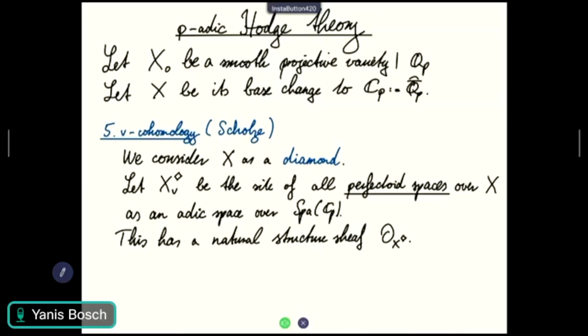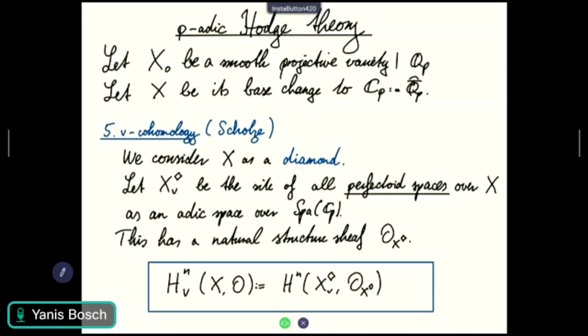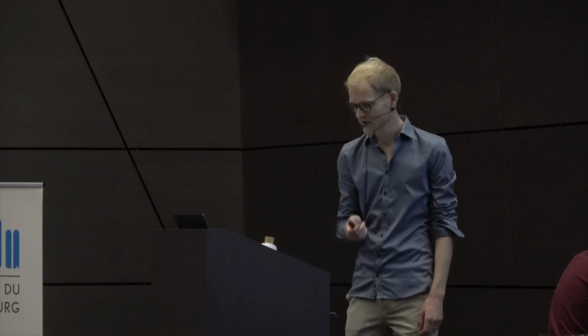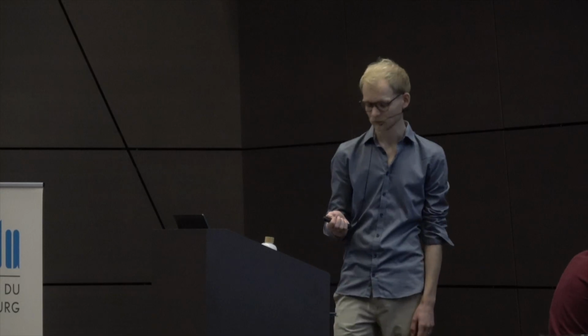I need to work in some p-adic category and consider the category of adic spaces to make sense of this. Okay, whatever. This site has a natural structure sheaf because perfectoid spaces have a structure sheaf. And then I can just define V cohomology of X to be the internal cohomology of this site. Okay, not very spectacular, this last definition, but somehow interestingly, these perfectoid spaces seem to know a lot about this variety we started with.